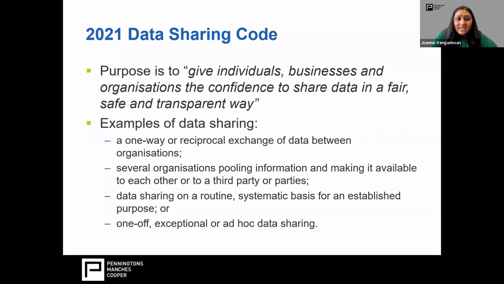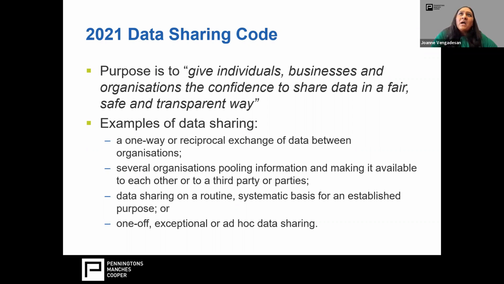But analysis has to occur at each part of the chain. There could be routine, systematic data sharing for particular purposes, such as being able to operate across a group of companies, which is a very typical way of data sharing. It could be structural, or it could be an ad hoc situation.